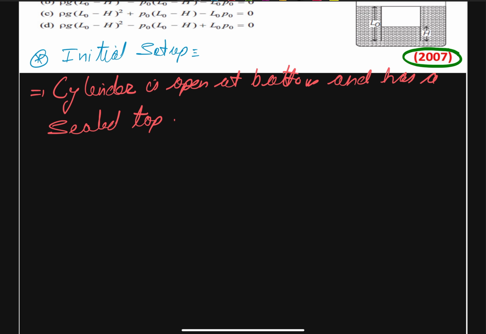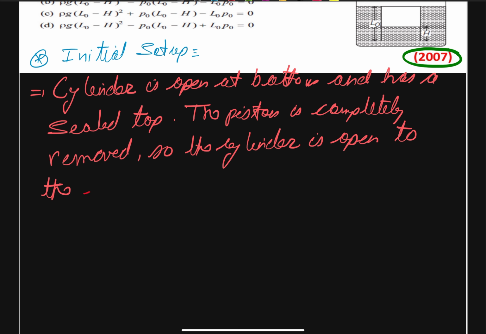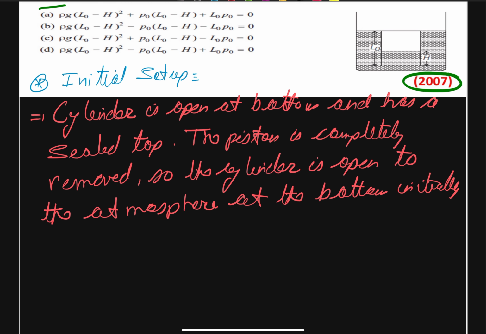And the piston is completely removed. So the cylinder is open to the atmospheric pressure, open to the atmosphere at the bottom, initially. That's why we can see there is no water present here.